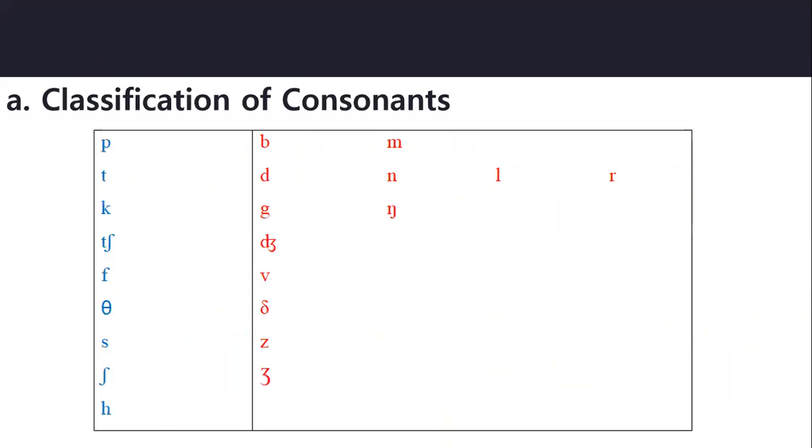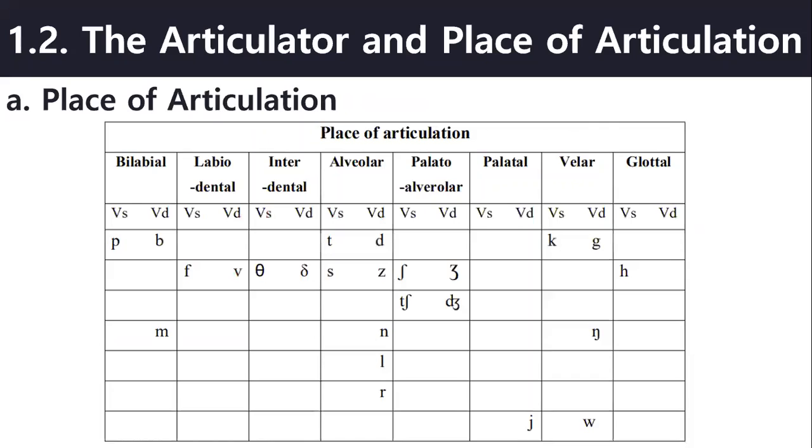As you can see, in the classification of consonants, we have the voiceless and then the voiced. And in these voiced and voiceless consonants, we have other articulations that we are going to see in this section. The articulator and place of articulation, starting with the place of articulation.